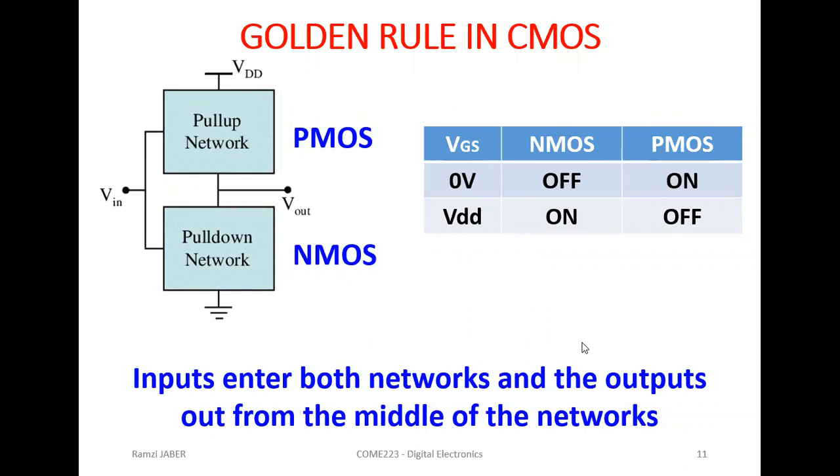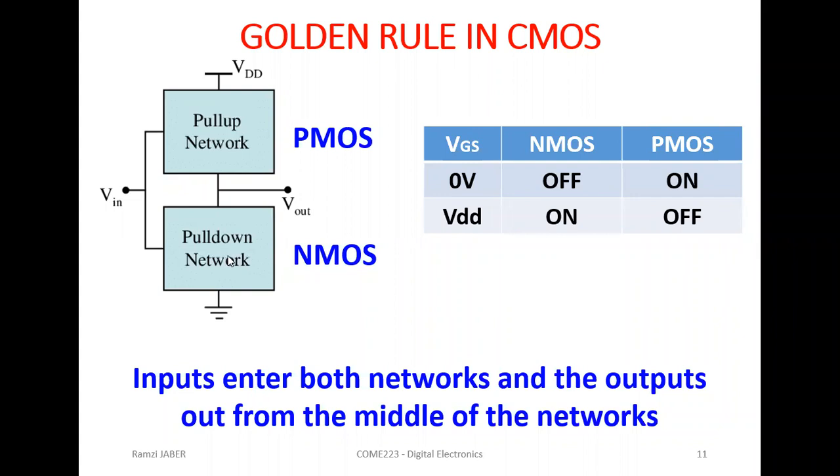The output will come out from the middle of both networks. So the input must enter both networks and the output must be between both networks. The output will not be below or above. So this is the golden rule.